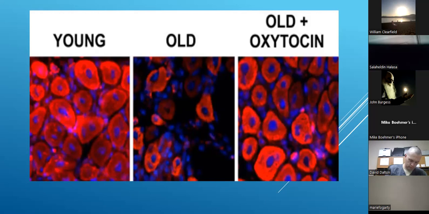They found that the cross section of the old mouse or rat treated with oxytocin is almost similar to the young muscles from the young group of mice. So it shows you that oxytocin helps to rejuvenate the muscle and make it look like young muscle. Just to see here, let's go section.